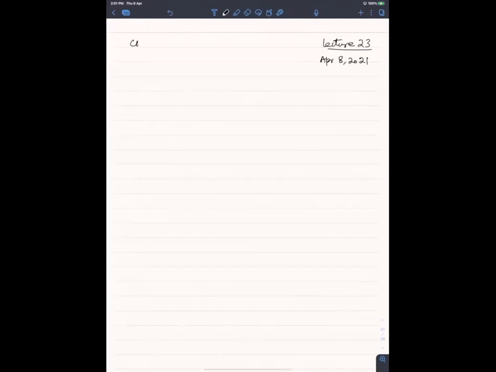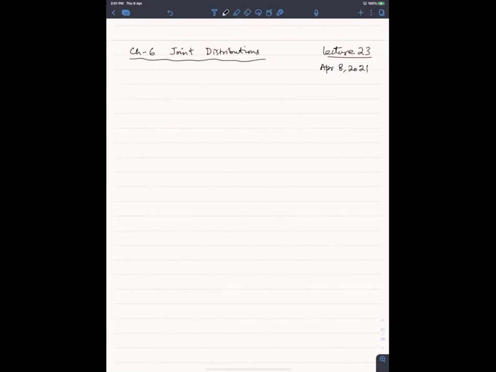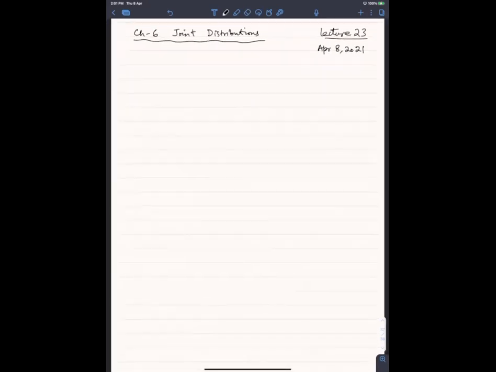We're on chapter 6, which is about joint distributions. We talked about multiple random variables simultaneously, discrete as well as continuous, and their joint distributions.